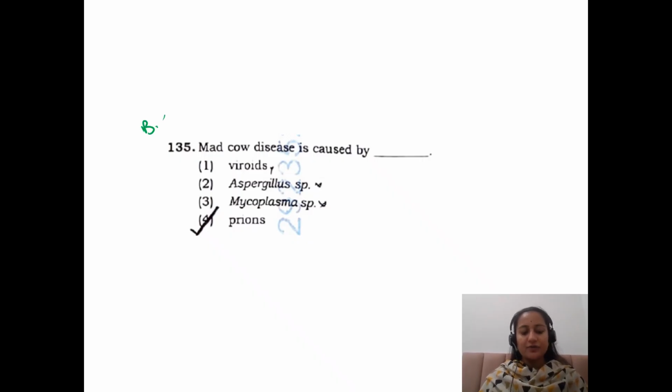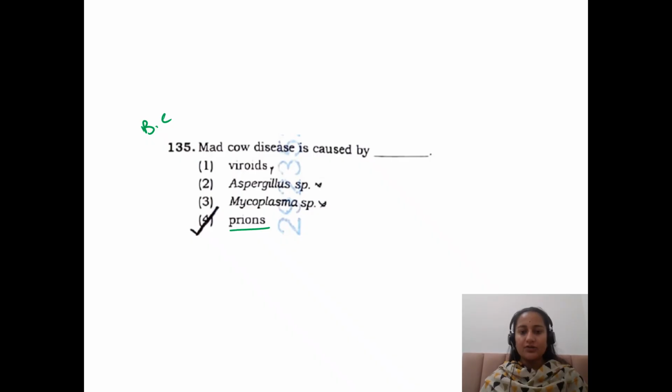Mad cow disease is caused by. Again, this question is from biological classification. We have the last part about the viral agents, that is viroids and prions, which are the subviral agents. Usually, if improper folding of the protein occurs, that will make the prions.